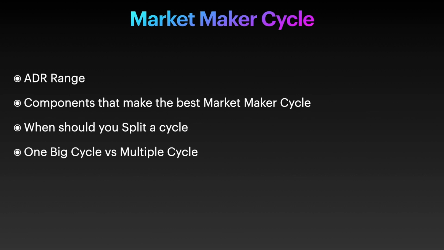So we're going to talk about the differences in the splitting of the cycles. Do you keep it as a big cycle or split it up into multiple cycles? What gives you the advantage of keeping it big versus splitting it up? A lot of that has to do with the ADR. So let's jump right into the charts and break this down for you.